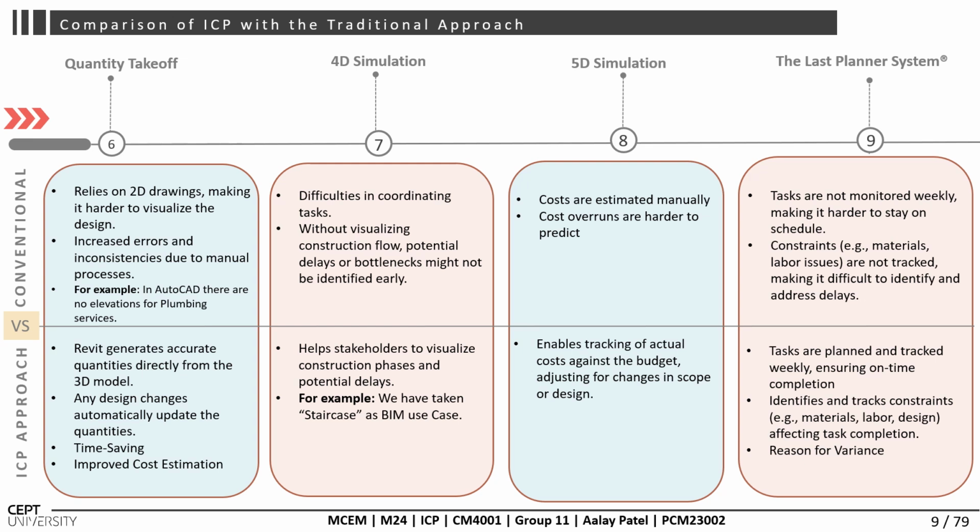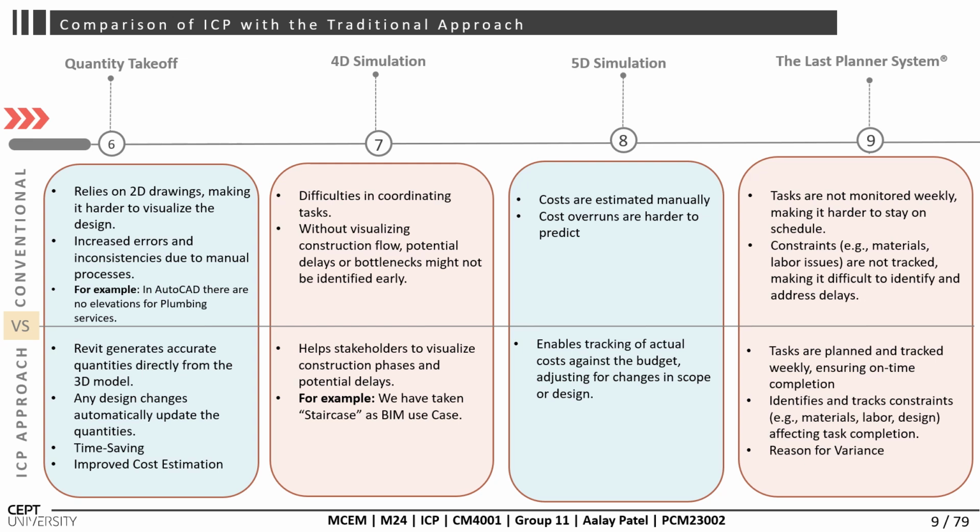For example, we have taken a staircase as a BIM use case. Coming towards the 5D simulation, costs are estimated manually, and cost overruns are harder to predict. The ICP approach tracks actual costs against the budget for changes in scope or design.